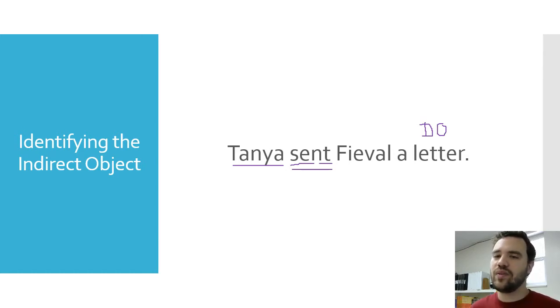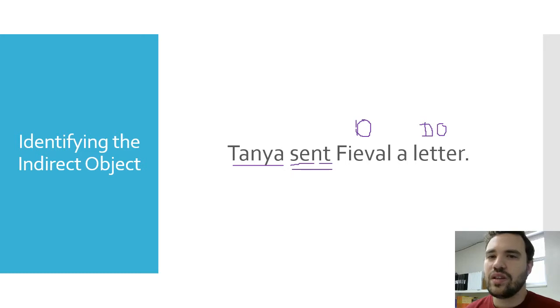Now, after we've got the subject, verb, and direct object together, we're going to ask the question to whom, for whom, to what, or for what after the direct object. And that will lead us to the indirect object. Tanya sent a letter to whom? Well, there is an answer to that question. Tanya sent a letter to Fievel. So that means that Fievel is our indirect object.